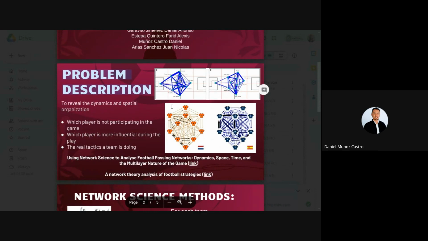In the problem description, what we do was reveal the dynamics and spatial organization in football playing. The article addressed the need for a better understanding of the complexity inherent to team and collaborative sports such as soccer.